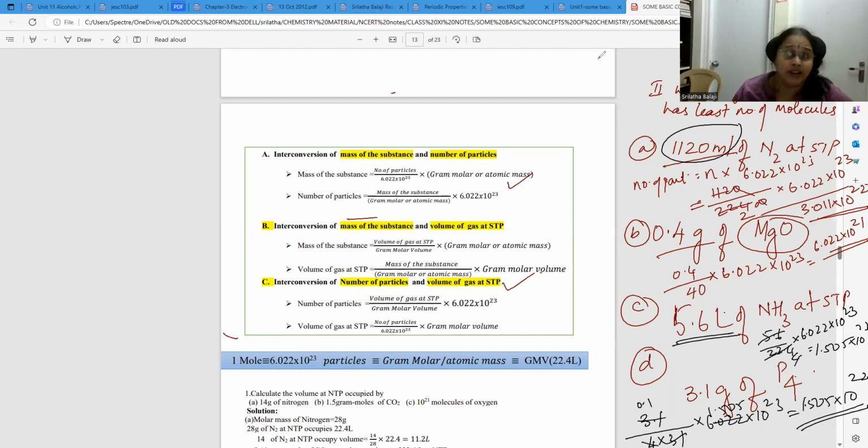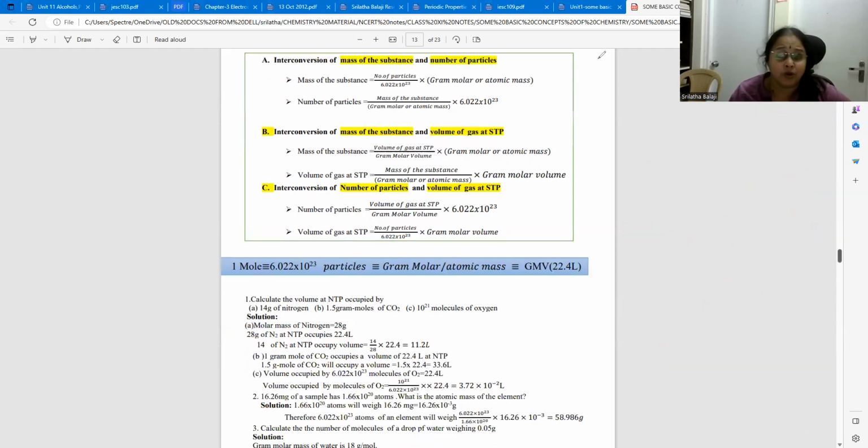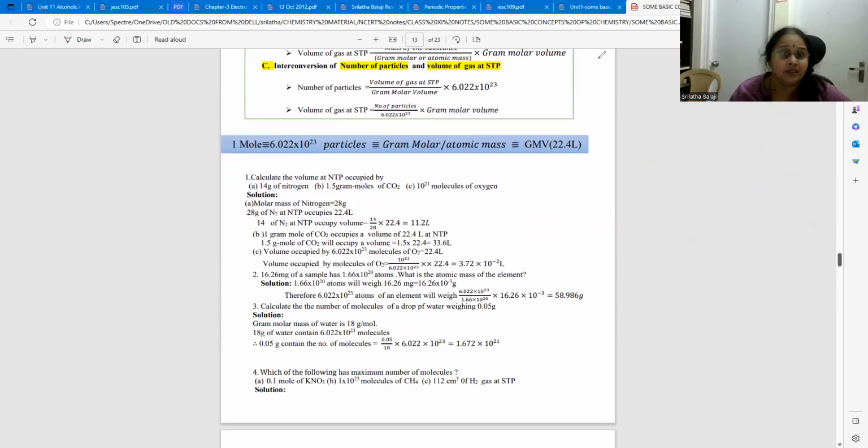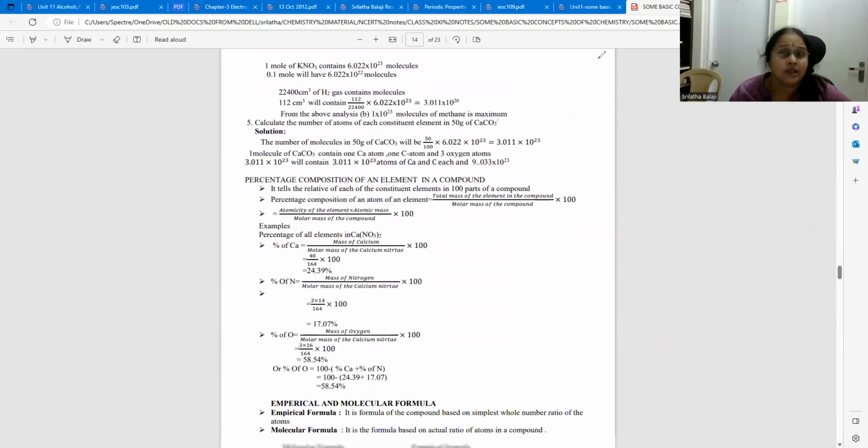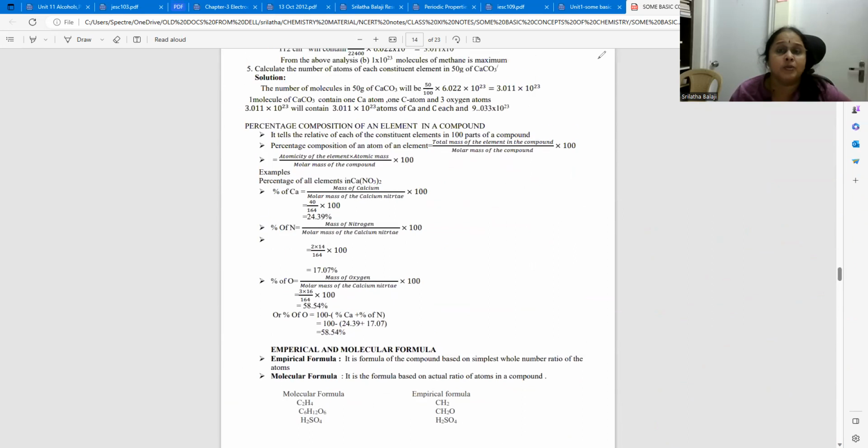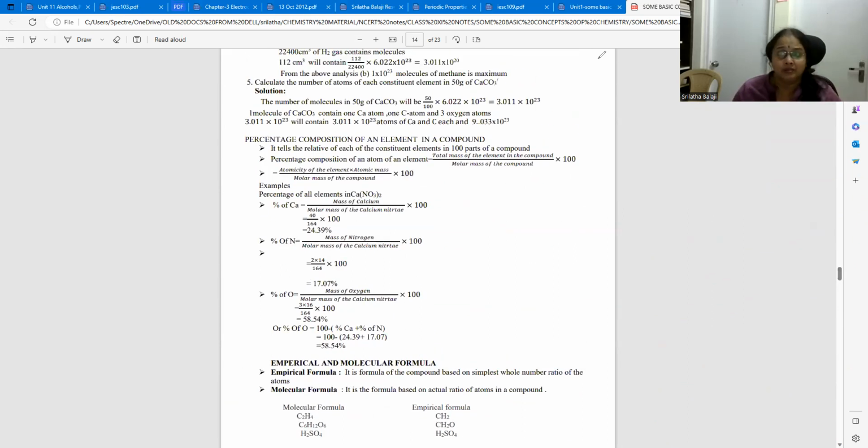Okay, so we have spent quite a lot of time on mole concept, because it's fundamentally important. This is a basis. Now, let's rush up with the concept of empirical and molecular formula. So quickly, I'll tell you, how do you find the percentage composition of an element?